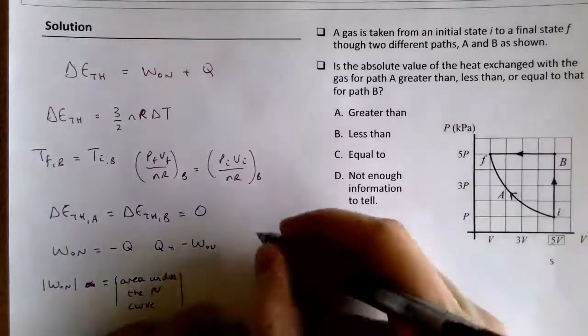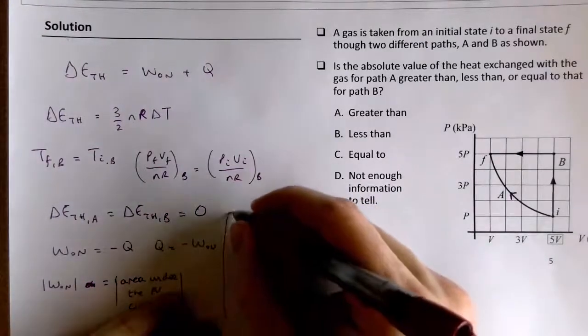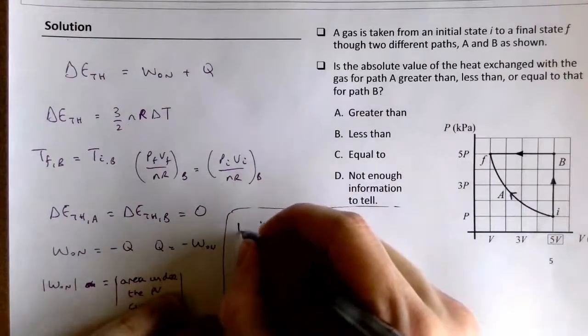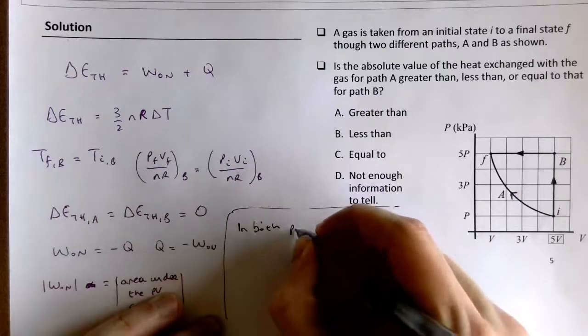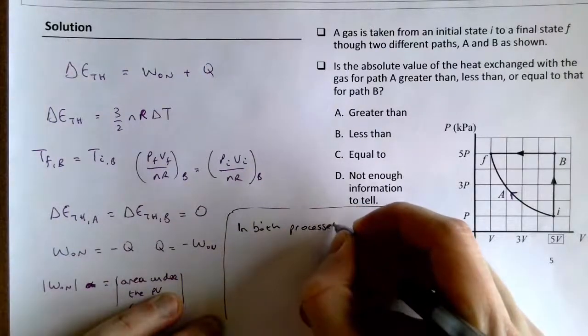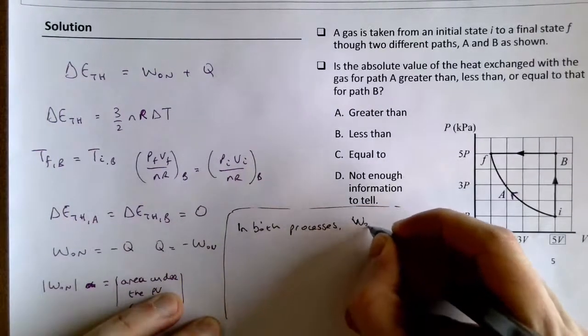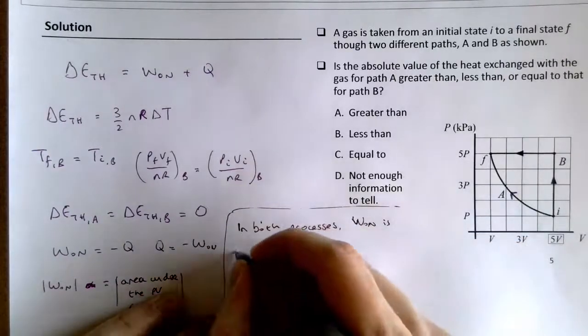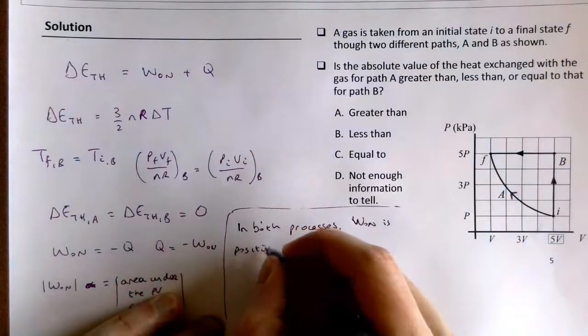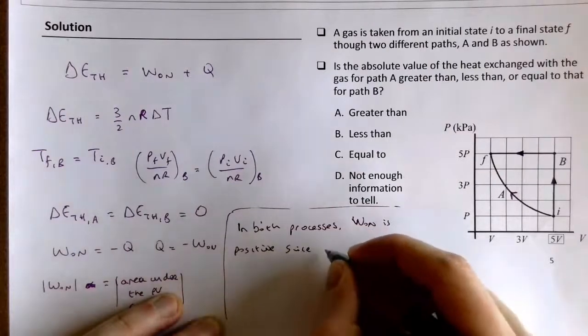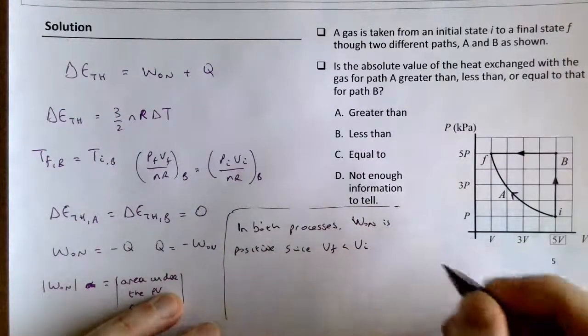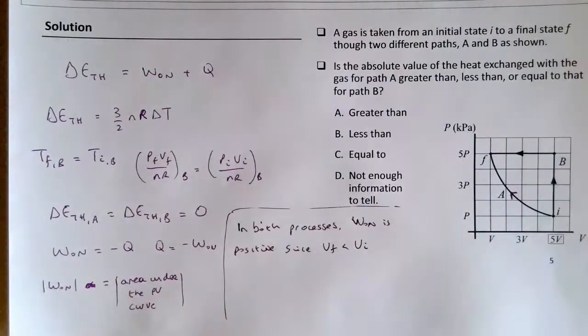I'm going to write that, switching up colors here. So in both processes, work on is positive, since V final is less than V initial, so we're going from 5V to V, so the outside environment is doing positive work on the gas, which means the heat exchange would be negative, but we're comparing absolute values.